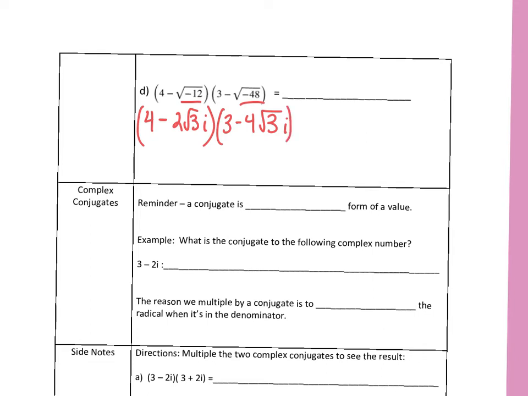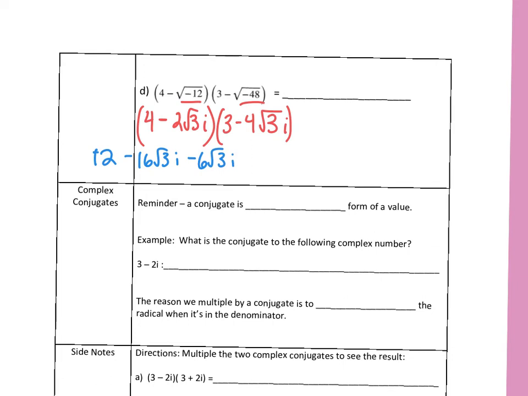Okay. So now we just FOIL. 4 times 3 is 12. 4 times negative 4 square root of 3i. Negative 16 square root of 3i. Then we got negative 2 square root of 3i times 3. Perfect.